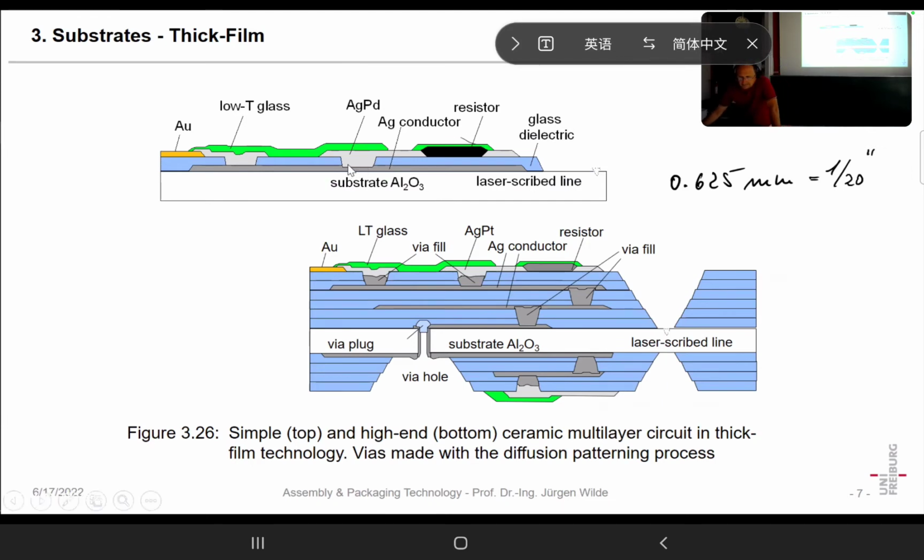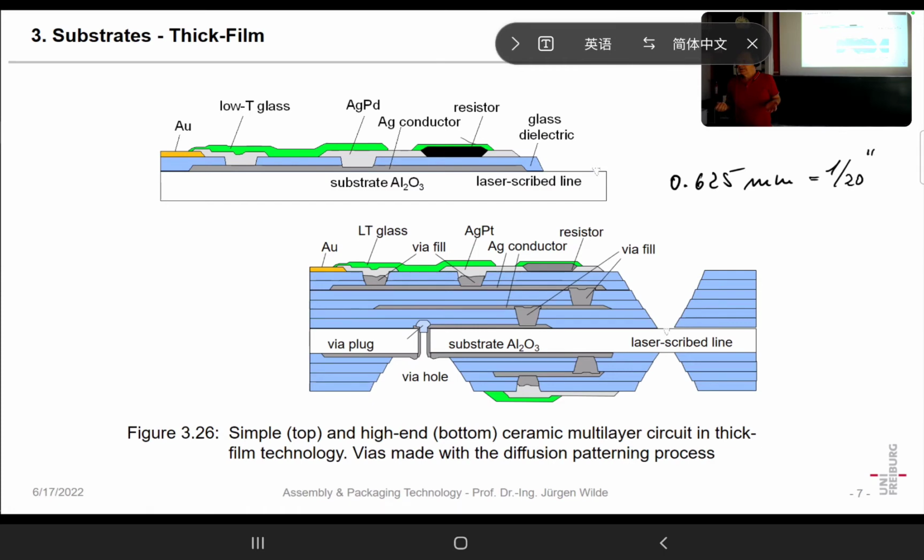And yes, we have already seen for the bonding pads, or the areas around the bonding pads, we have gold. And another thing that is important is a resistor that is an integral part of the substrate.